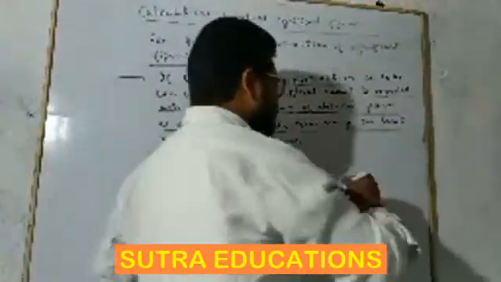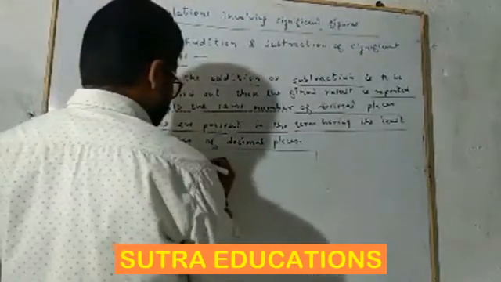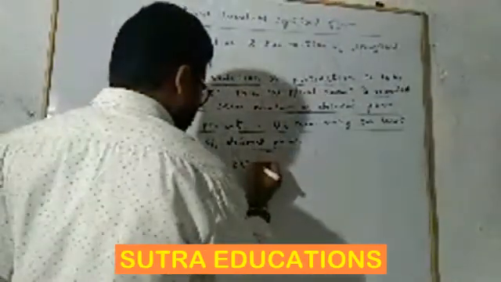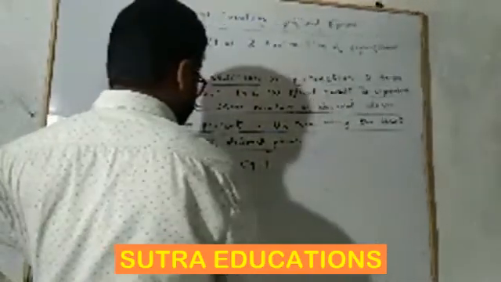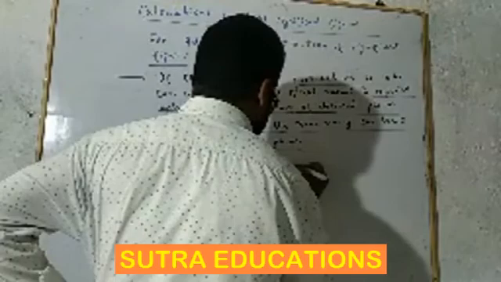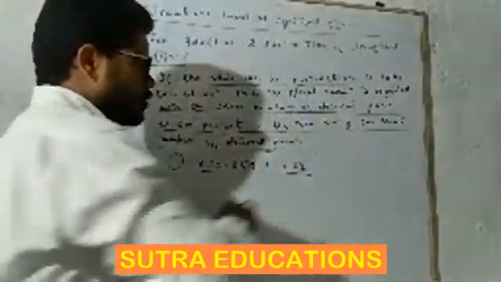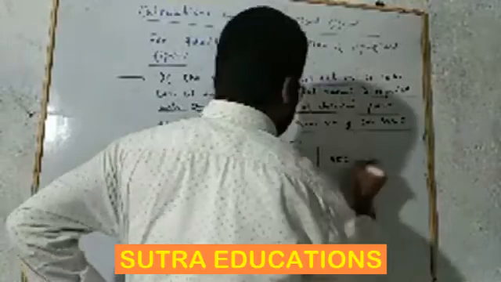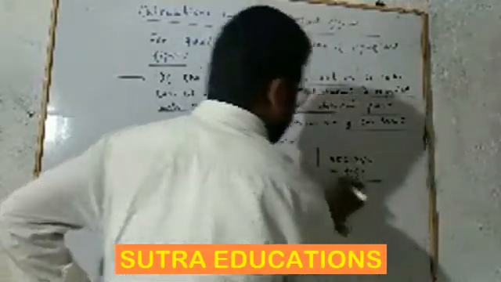So you have to add 456.254 and 4.62. Now perform the addition.